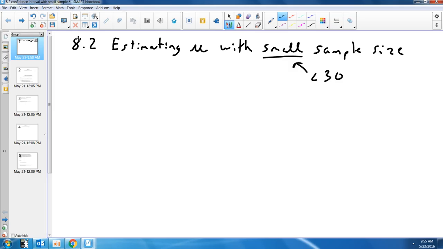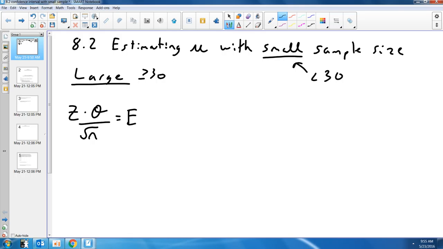So what that really means is that in 8.1 with the large sample size, or greater than or equal to 30, we estimated our Z value, which is a standard deviation value, and we said that we're going to remember it by writing it in terms of the sigma.